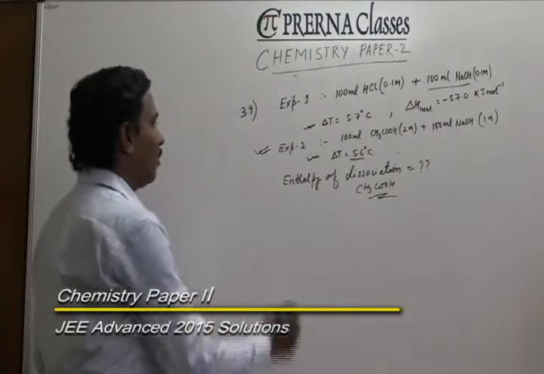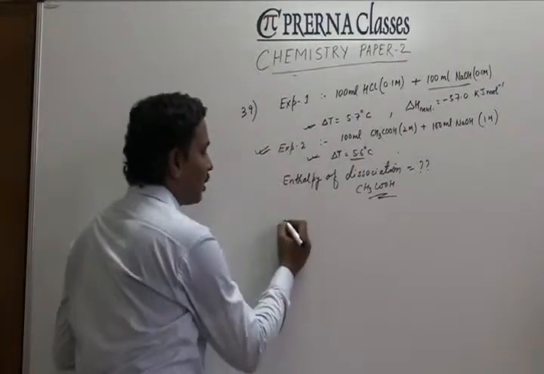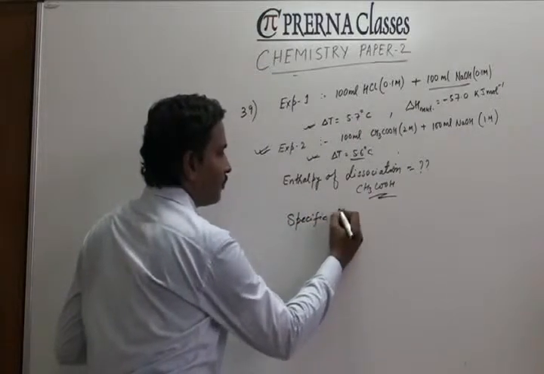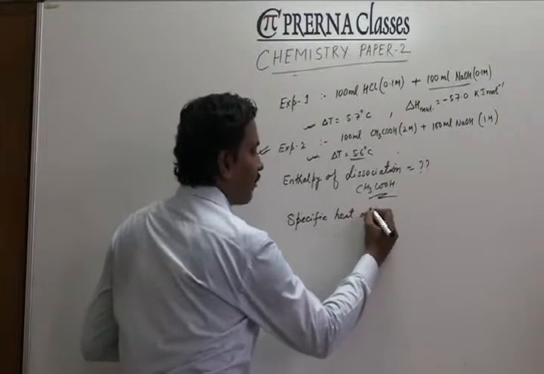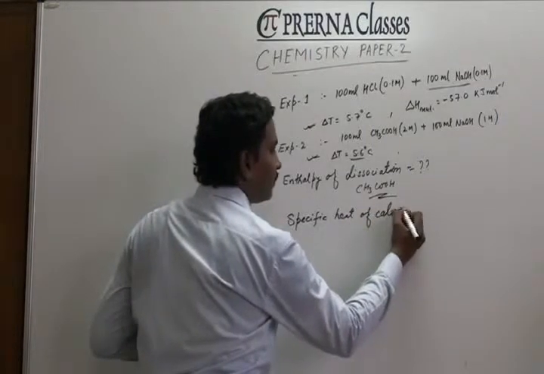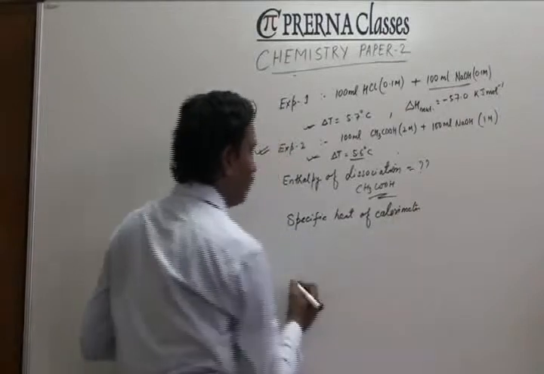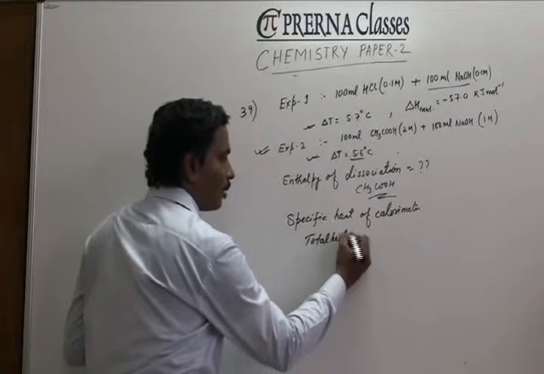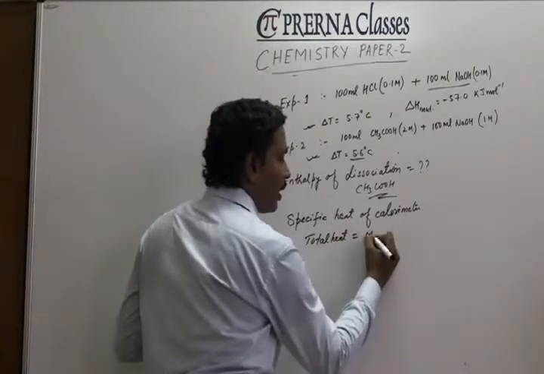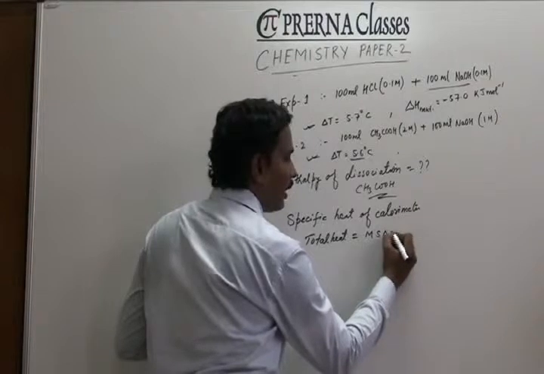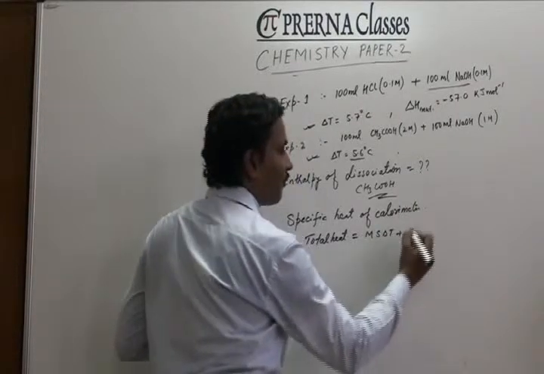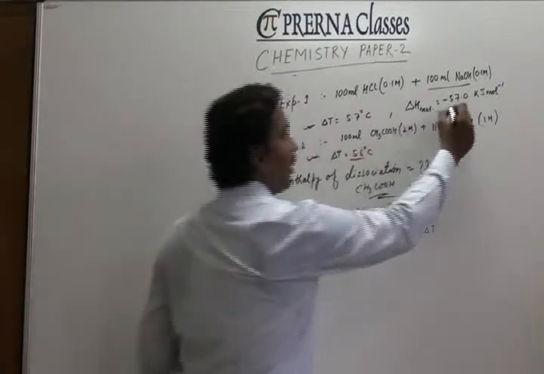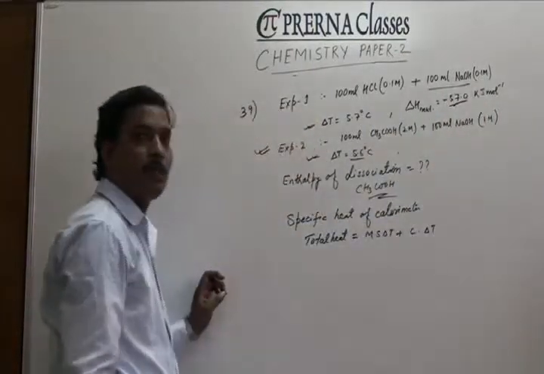So first of all, find the specific heat of calorimeter. We know that total heat is equal to m specific heat del T plus specific heat of calorimeter C into del T. For 1 mole it is 57 kilojoule per mole.